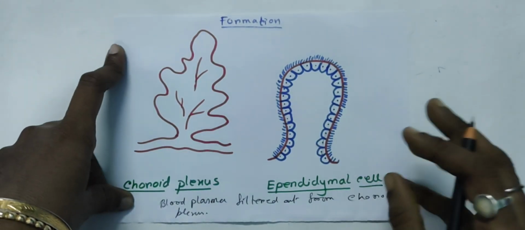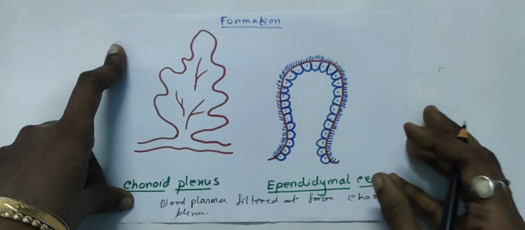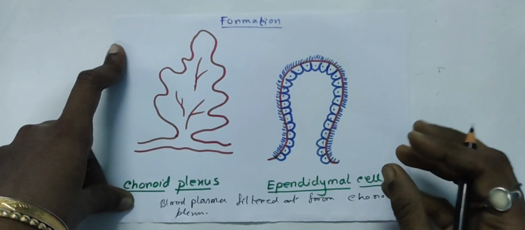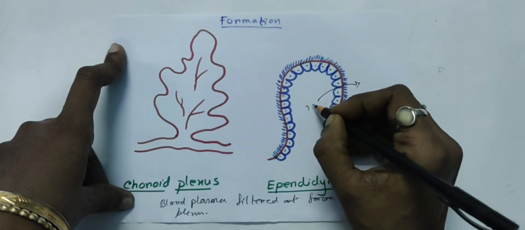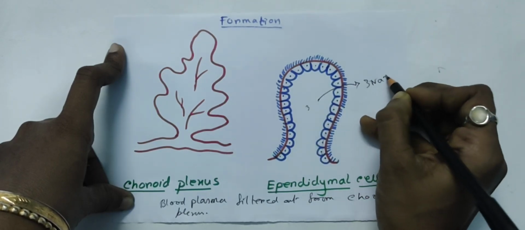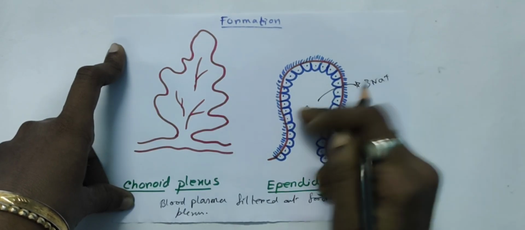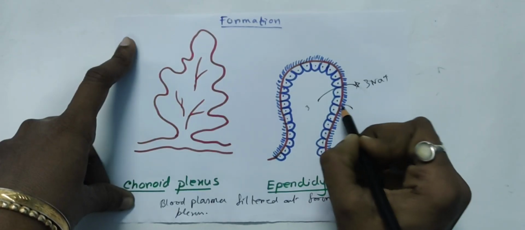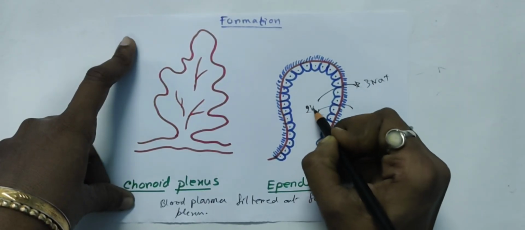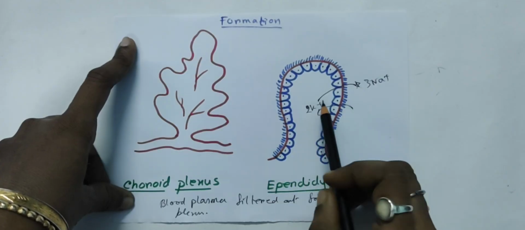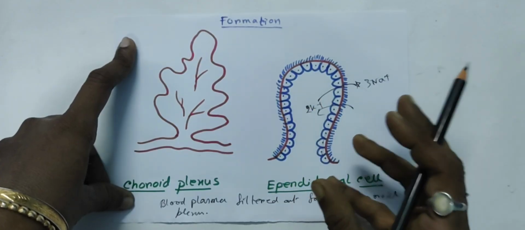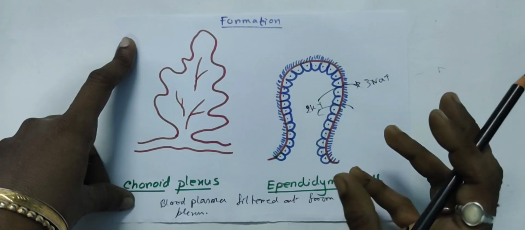As it's the extracellular fluid, it contains sodium ions. Three sodium ions get out of the membrane, and two potassium ions get entered within the cells. As we know, extracellular fluid is rich in sodium ions.